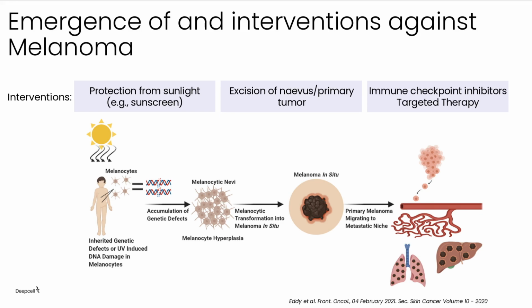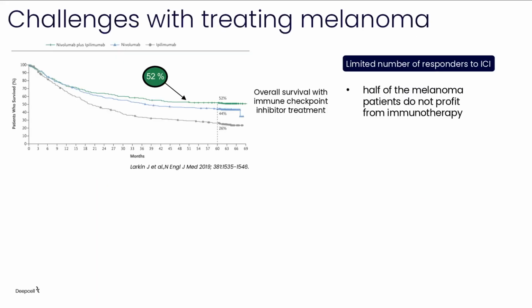The use of these immune checkpoint inhibitors has really been revolutionizing the field of melanoma. For example, here you see a combination therapy of nivolumab and ipilimumab, which are immune checkpoint inhibitors against PD-1 and CTLA-4. You can see that in 52% of the patients, this double treatment was effective.